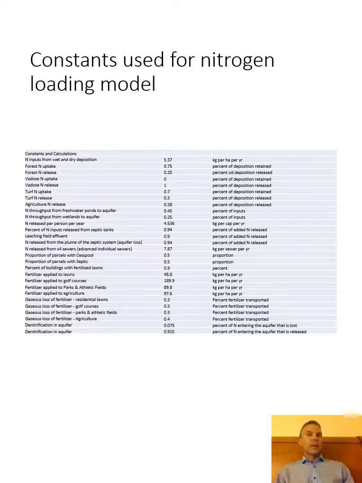And we did a lot of detailed analyses, doing things like obtaining LiDAR data to essentially quantify the precise amount of lawn in every single parcel within this region. Also looking at parks, any agriculture in the region, and from all of these areas, including the atmosphere, determining the nitrogen loading rates.